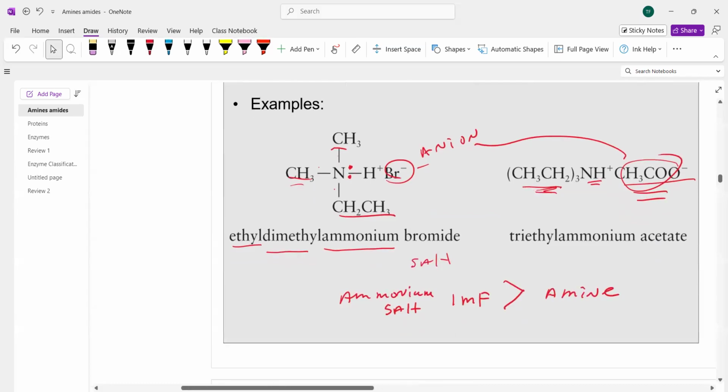The reason for that is this is ionic, and this is non-ionic. Hence, the ammonium salt version of the amine is more soluble in water, and also has a higher boiling point. So this is more soluble.